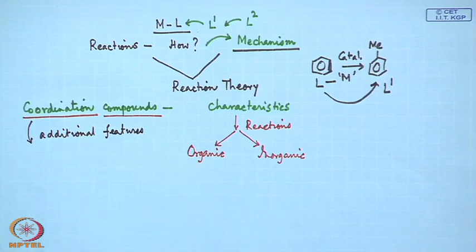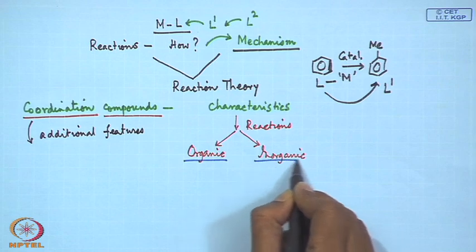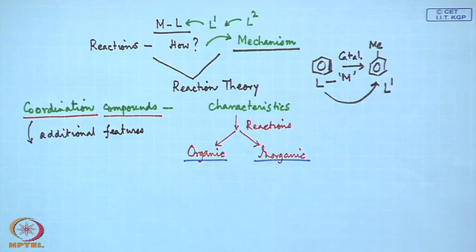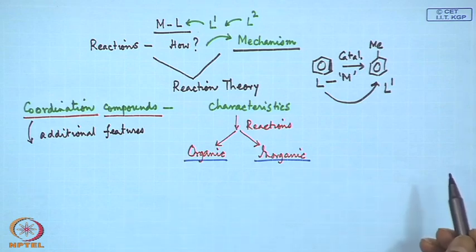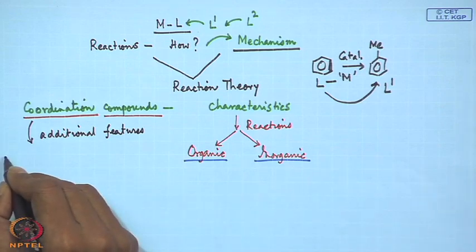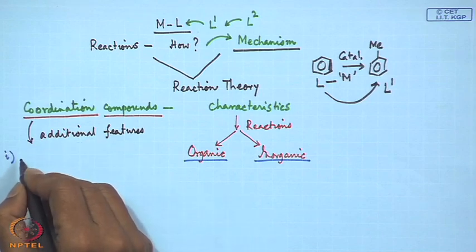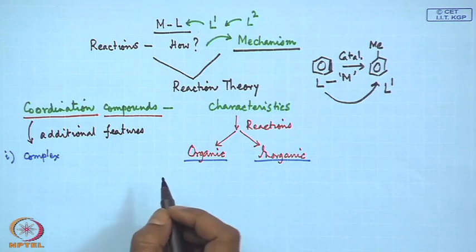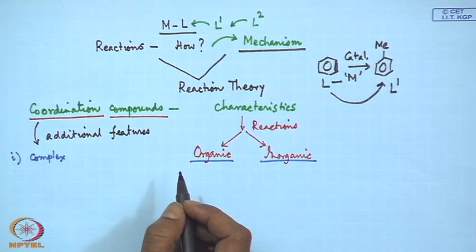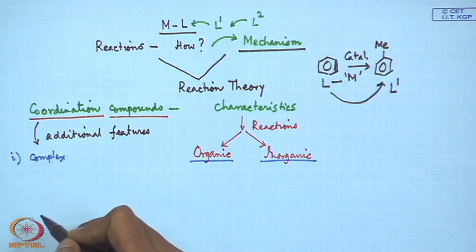We should always keep in mind those additional features when we compare the reactivity pattern as well as the reactions with respect to some organic reaction or organic molecule, or inorganic reaction or inorganic molecule. These additional features are very important: these molecules have more complex geometries. Not only the complex architecture, that means the presence of different metals, sometimes more than one metal, and different types of ligands, sometimes a large number of ligands.